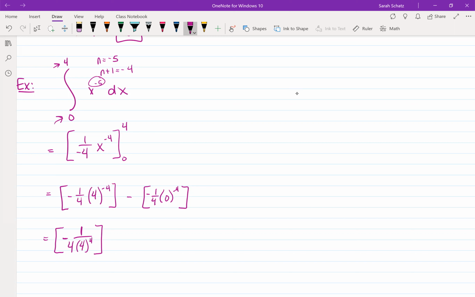A lot of times we're used to rewriting where if you've got an x in the bottom, you bring it up with a negative exponent. You can bring it down and make it positive just the same, right? So here we have -1/4. You guys, 0 to any power is just 0. So -1/4 times 0 is what you get there.